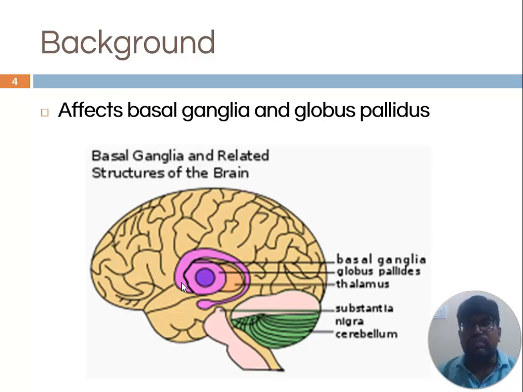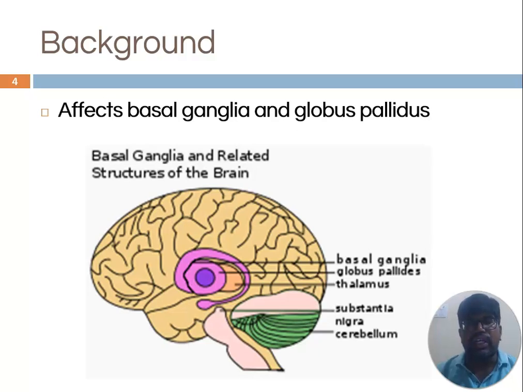So that's why dopamine availability is a key parameter for good functioning of the basal ganglia and nigrostriatal pathway. In Parkinson's disease, as we might have heard, there is an imbalance between dopamine and acetylcholine, and particularly low levels of dopamine lead to Parkinson's disease.